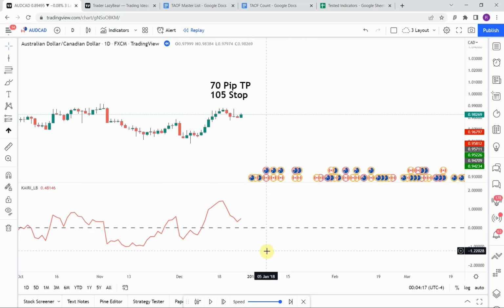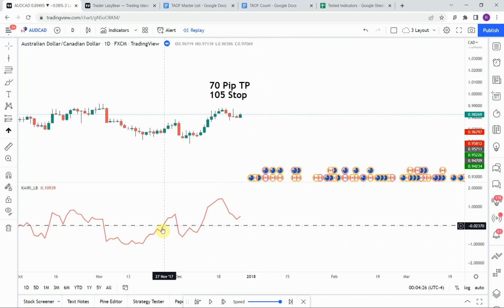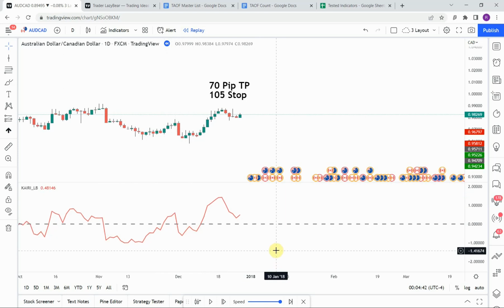So what we are going to do is test this as a zero line cross. Pretty simple: when the oscillating line breaks up above the zero line, we are going to go long. When the oscillating line breaks down below the zero line, we are going to go short. Like I said, pretty simple setup, not much to it. Let's go ahead and get on with the testing and see what we can get out of this.